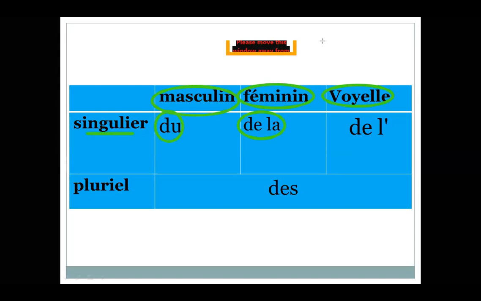It means that the noun starts with one of these letters: A, E, I, O, U, Y, H. If any noun starts with one of these, we will put de l'.